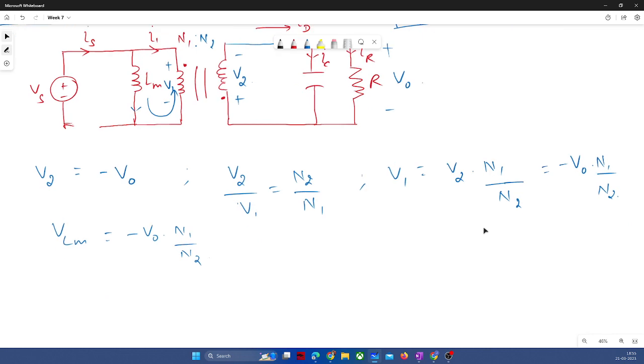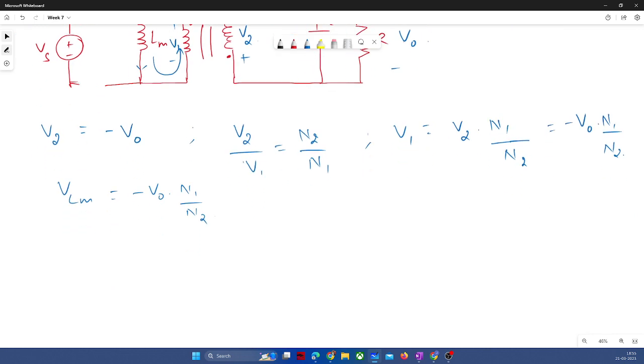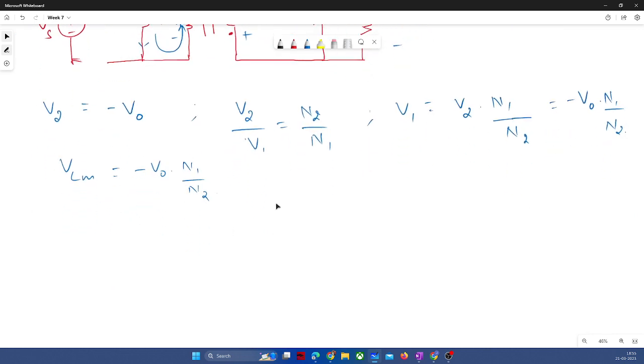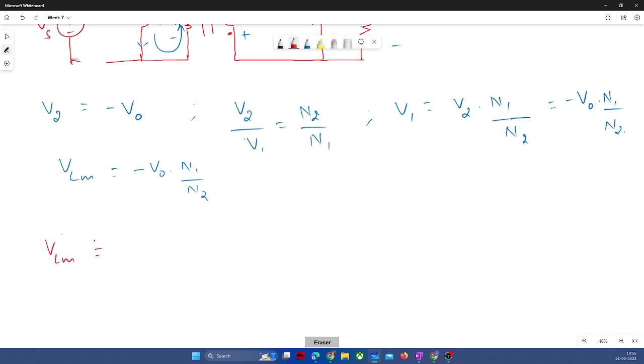So now we will compute by volt second balance. When the switch was on, our VLM during on was Vs, and VLM during off was minus V naught into N1 by N2.